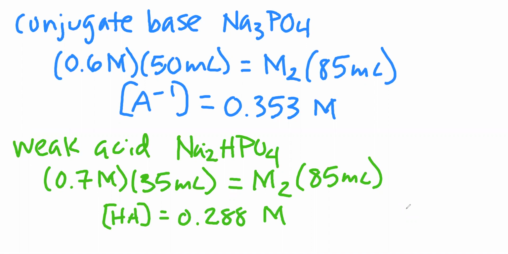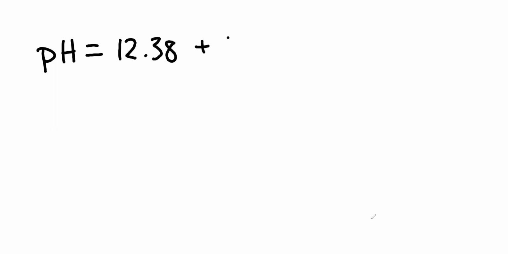Now we're going to use these and plug everything into that Henderson-Hasselbalch equation. So the first thing we need is that pKa we found, 12.38. And then on top is our conjugate base concentration, and that was 0.353 molar.